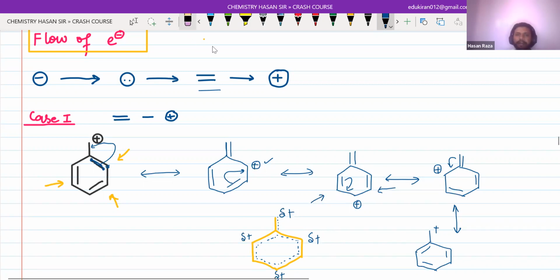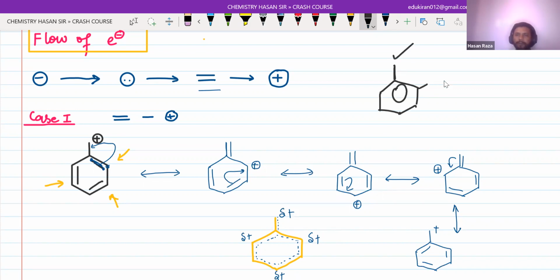That is called meta. You know what ortho, meta and para are. Have you studied it in class 12? If you have a benzene ring, and you are looking with respect to this position, this is your ortho, this is your meta, and this is your para. So this is your resonance hybrid.